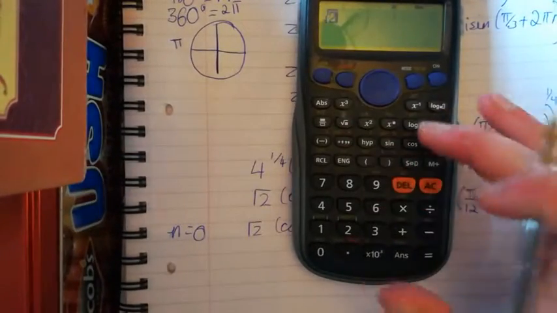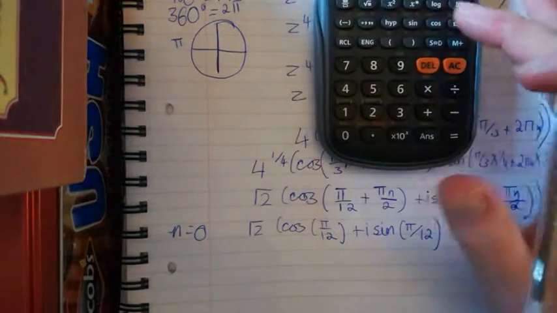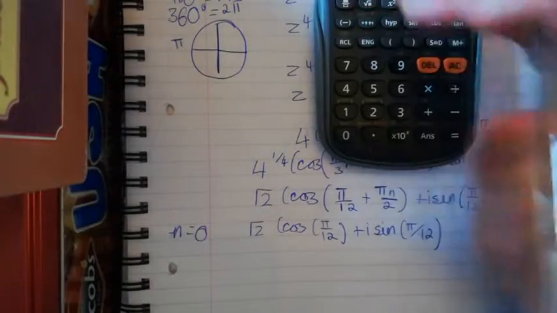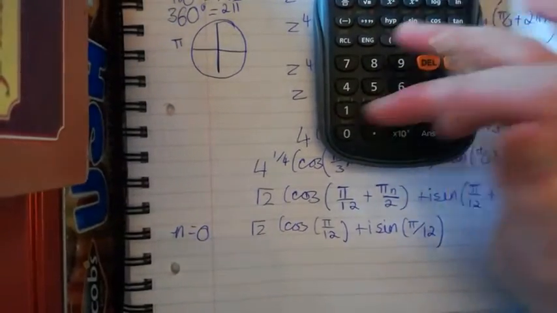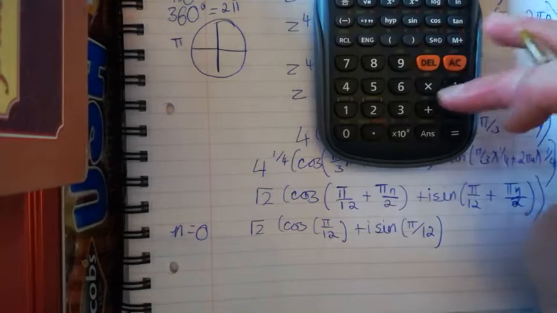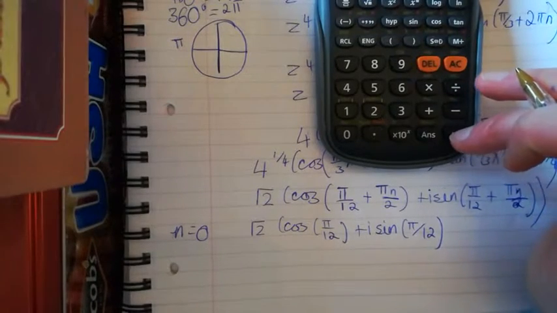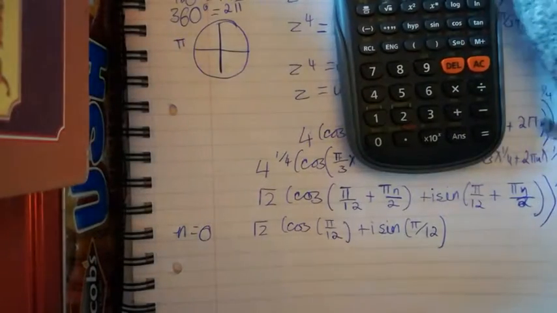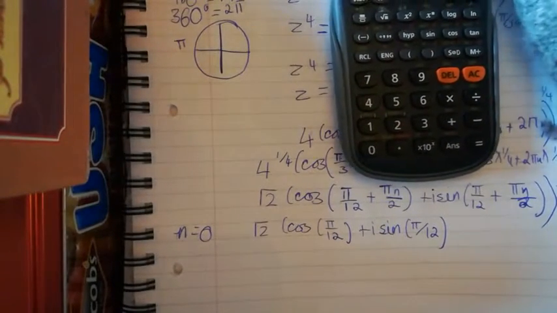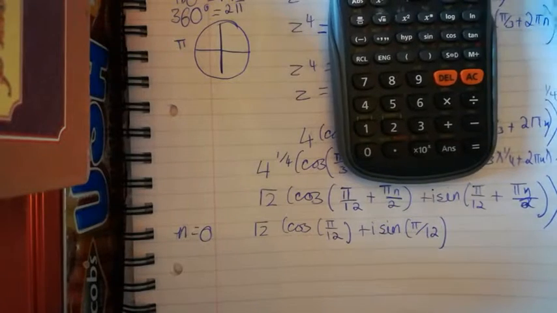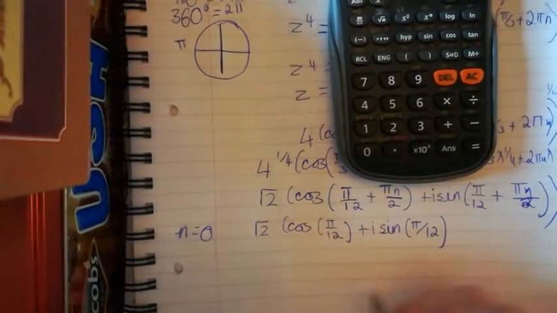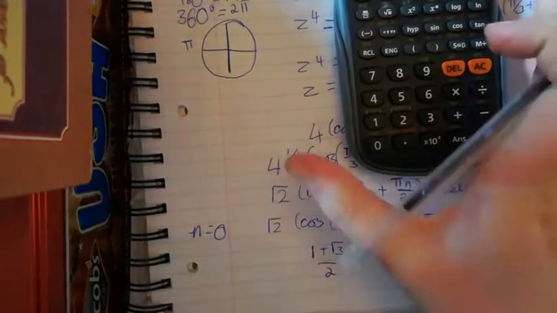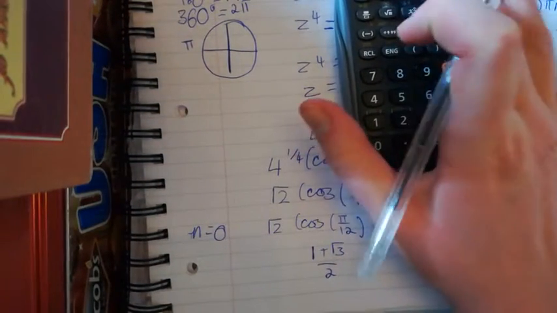So it's root 2 by, and just make sure your calculator is on radians so you're able to get the correct answer. So that's pi over 12, and so I'm just going to multiply root 2 by cos pi over 12, so for the first one it's going to be 1 plus root 3 over 2, and then I'm going to multiply root 2 by sin pi over 12.